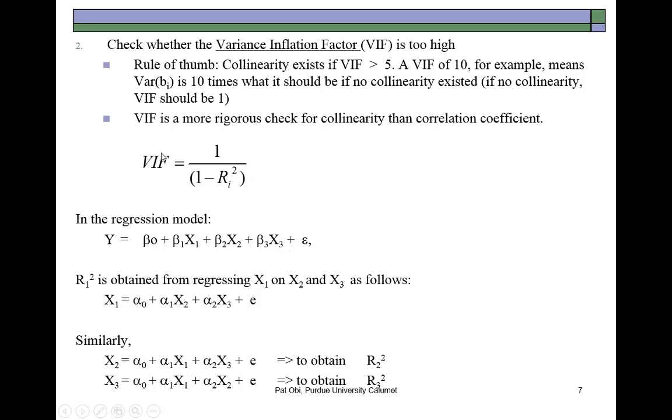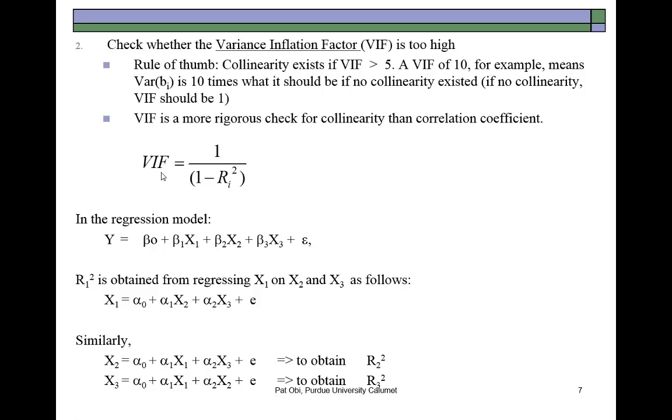And then how do we get this VIF? Well, when we run this regression, for example, of x1 against x2 and x3, we find the coefficient of determination in that regression and plug it into this formula, and what we calculate is called VIF.